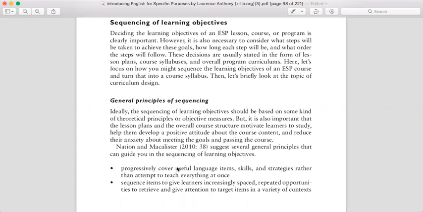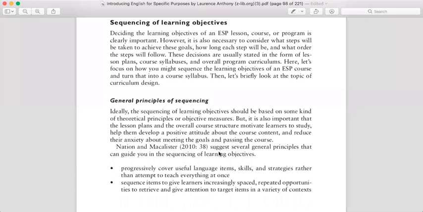We are going to differentiate between syllabus and curriculum in a while, but let's see what these two people have to say about some of the principles of sequencing. Now, how can you sequence?